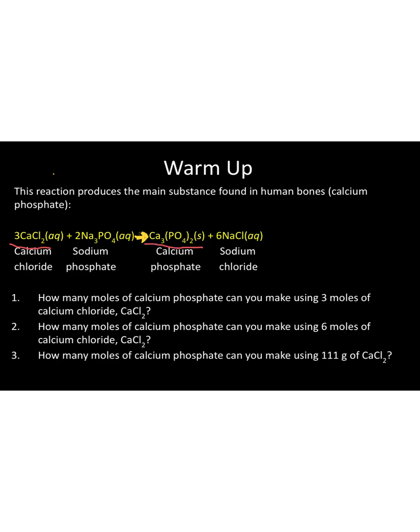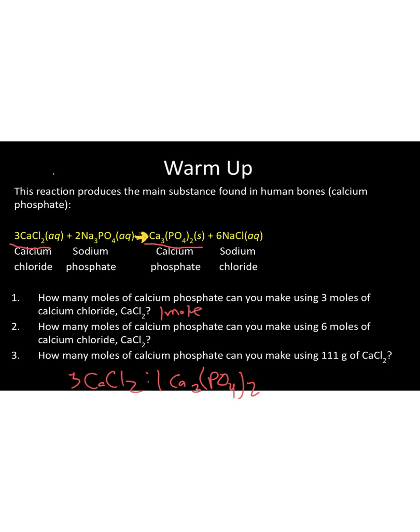So we can see from the chemical equation that the coefficients in front are going to give you the mole ratio. So for every 3 calcium chlorides, you're going to produce 1 calcium phosphate. So that gives you 1 mole as your answer for how many moles of calcium phosphate you're going to make.